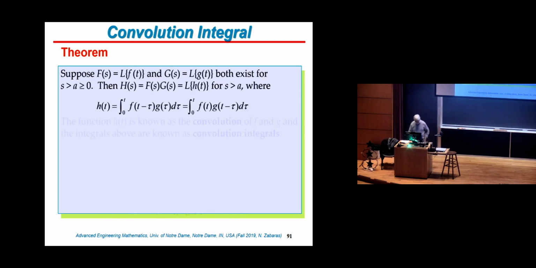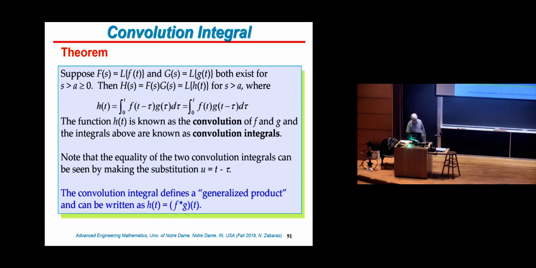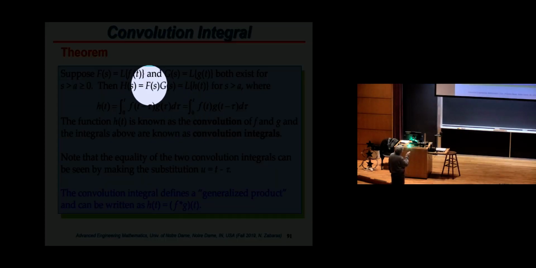All right, so let me just put the whole theorem up. Let's suppose that we calculate the solution of a system of a differential equation, and the response comes to be the product of the Laplace transform capital F of S and the Laplace transform G of S, okay?